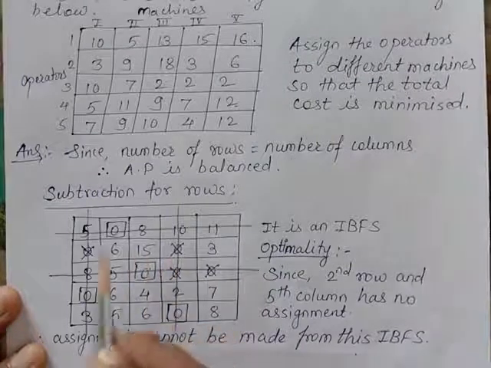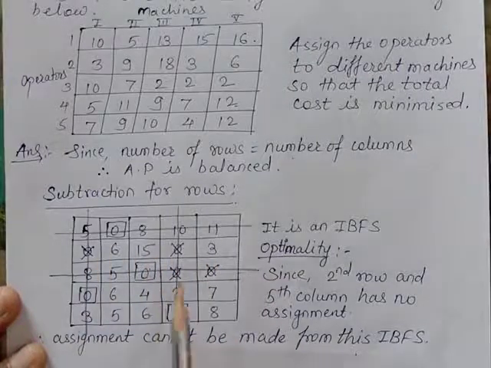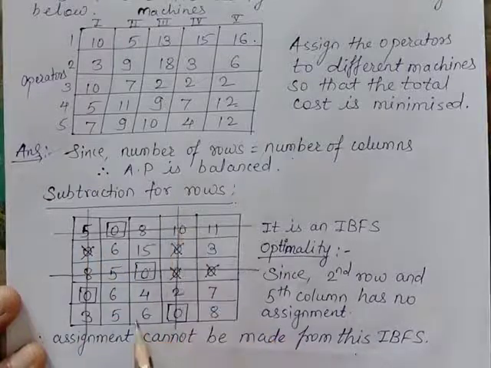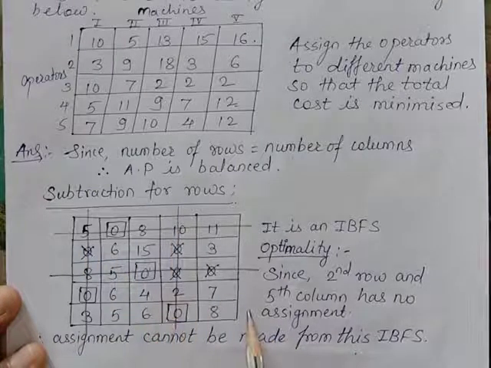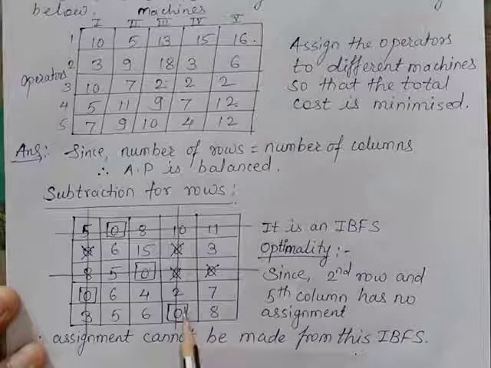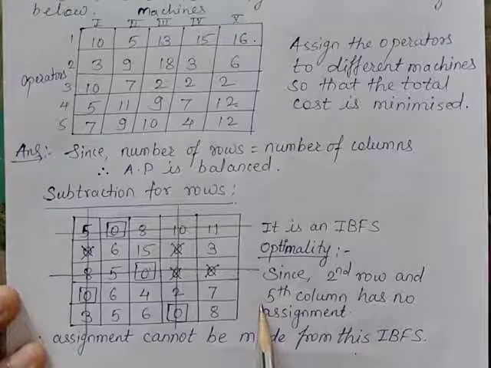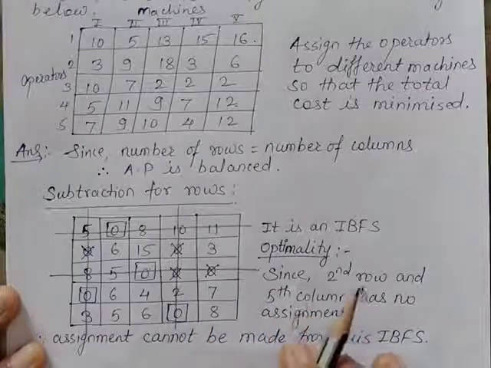Means how many lines are these? 4, that are not equal to the order of this cost matrix. Therefore this is not an optimal solution. If it is equivalent to order of this matrix, then it will be an optimal solution.